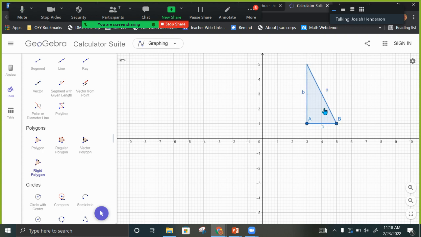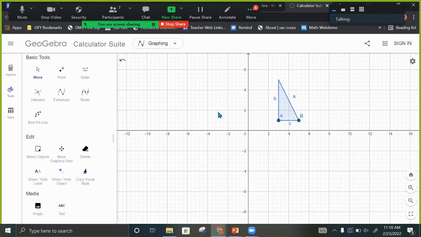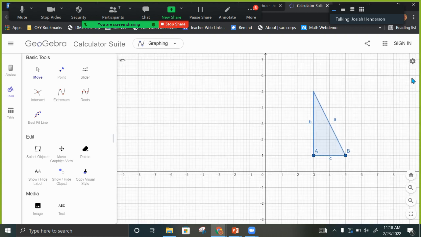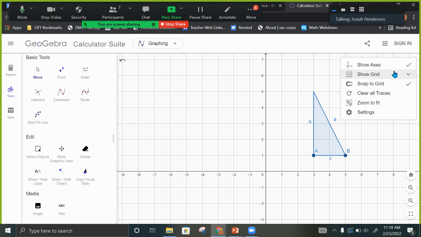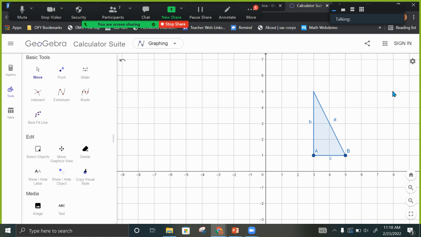Okay, so that should be the same triangle I was starting with. Okay, there we go. And let's see if I can make that grid look a little cleaner so it hopefully looks less confusing. There we go. Just the whole numbers, not those little extra grid lines.